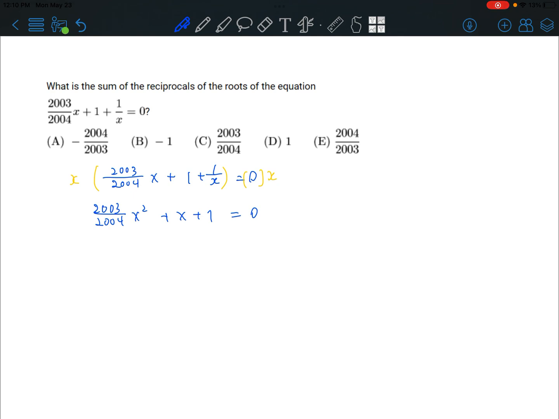And the sum of the reciprocals of the roots will be 1 over r1 plus 1 over r2, which will be equal to r2 plus r1 over r1 times r2. And we know that r1 times r2 is equal to c over a, which is equal to 1 over 2003 over 2004, which will be equal to 2004 over 2003.